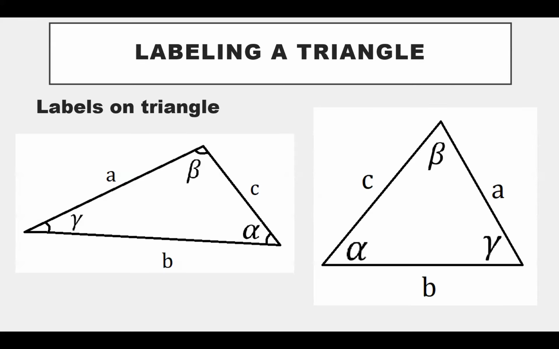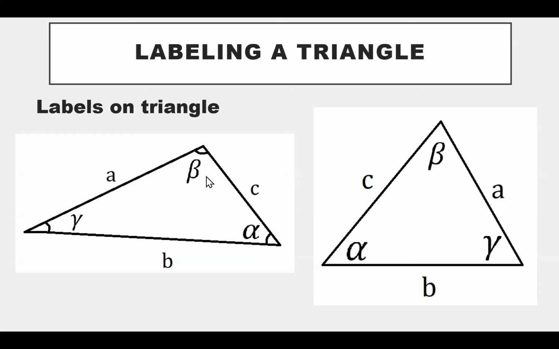Now, when we're dealing with non-right triangles, the convention of labels is the following. We're going to have side lengths of A, B, and C, and angles of alpha, beta, and gamma. The side A is going to be opposite alpha.